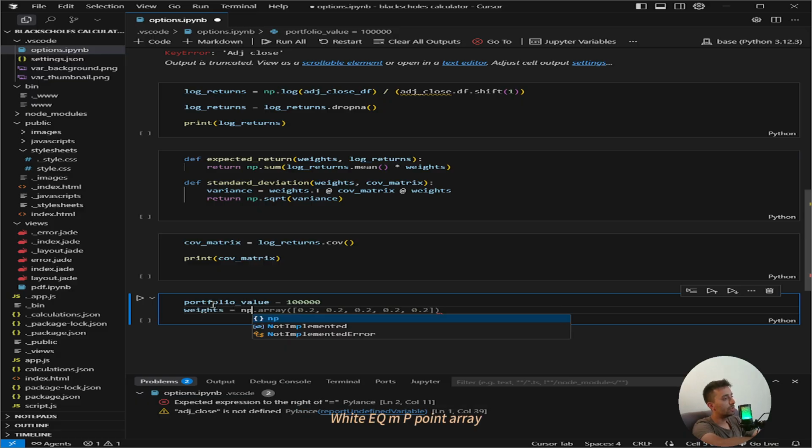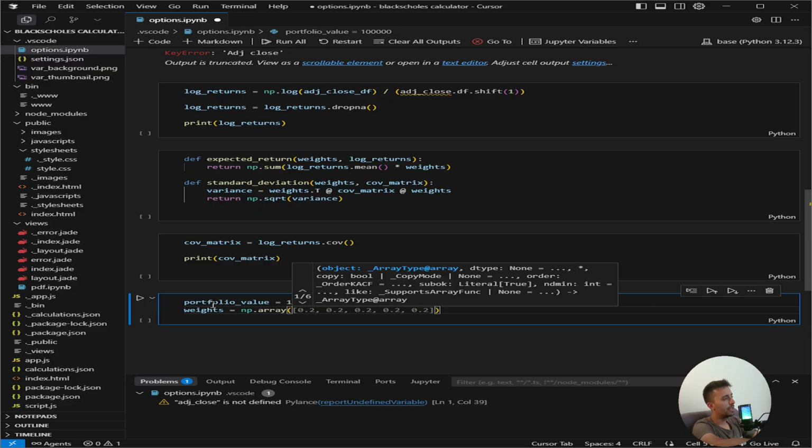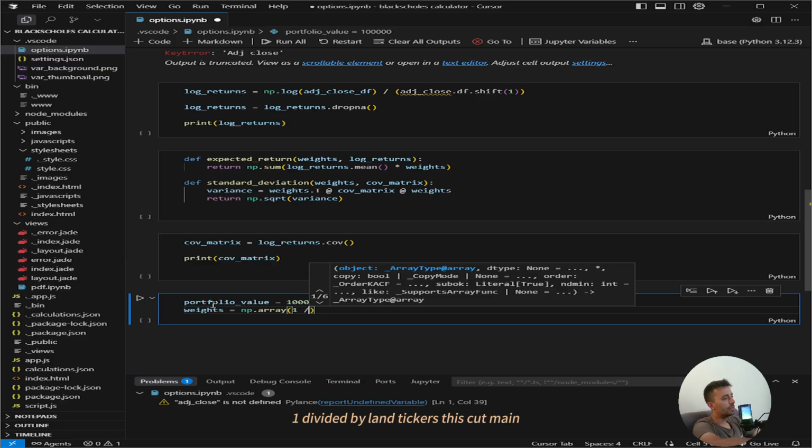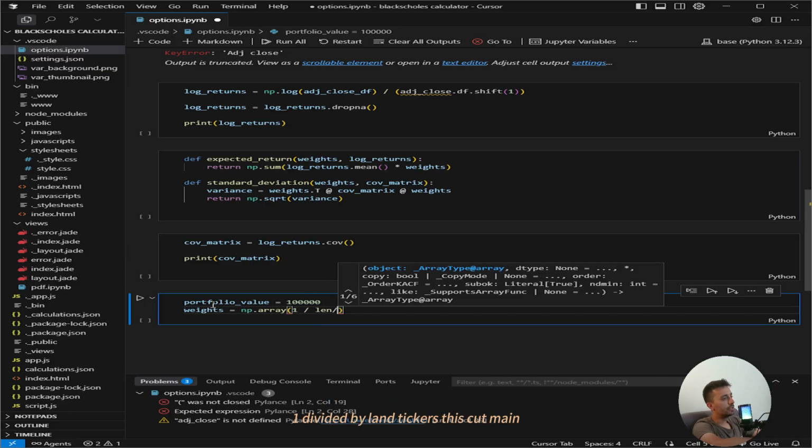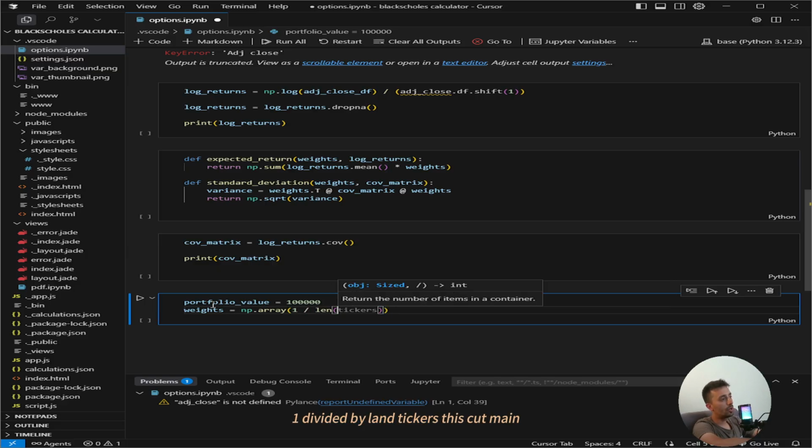Weights equal np.array, np.array 1 divided by len tickers. This code is the equal weighted formula. Our stocks have the same weight in my portfolio. If SPY has 20 percent, Tesla will have 20 percent, guys. This is equal weighted.